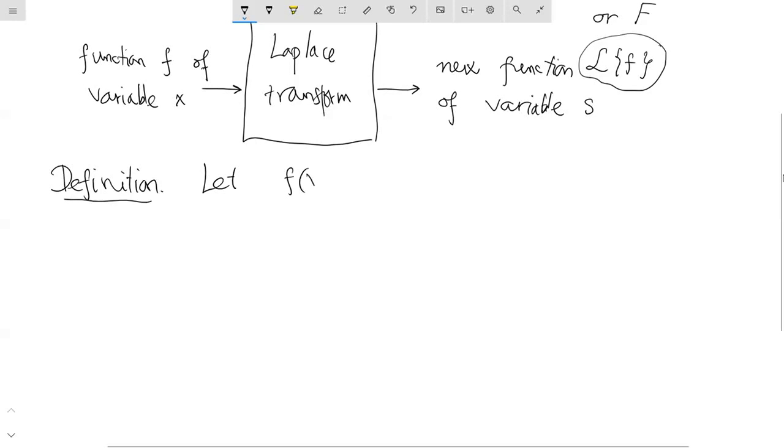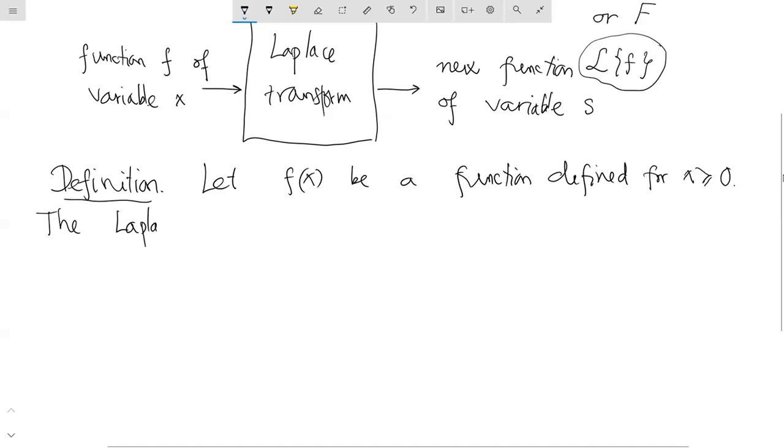Let f(x) be a function defined for x bigger than or equal to 0. Then the Laplace transform of f is given by this formula.